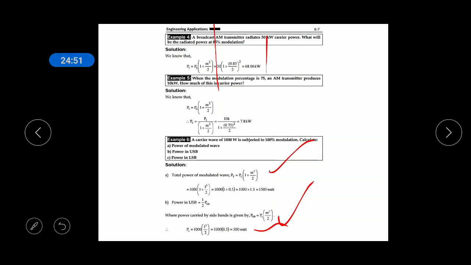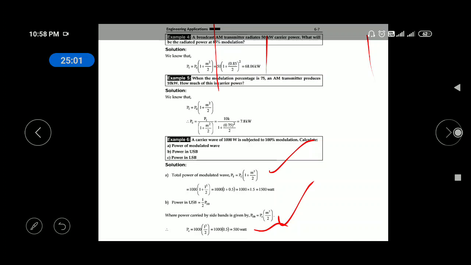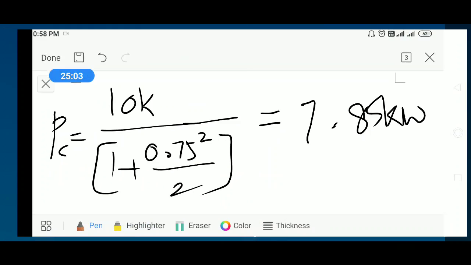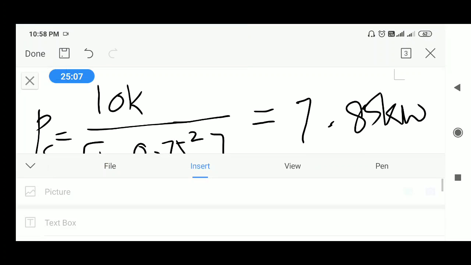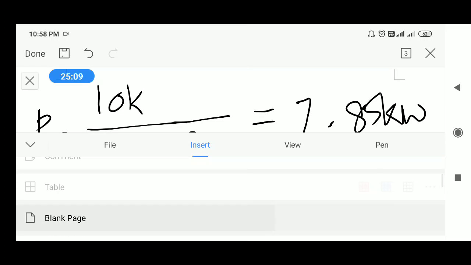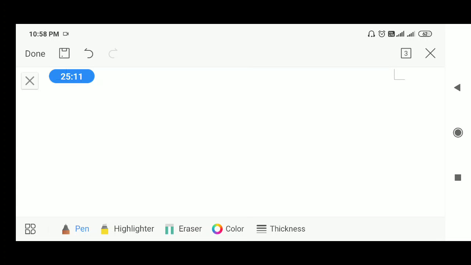Right, I'll solve once again on a blank page. 1000 watt is the carrier power, M is 100%. That is all they provided.